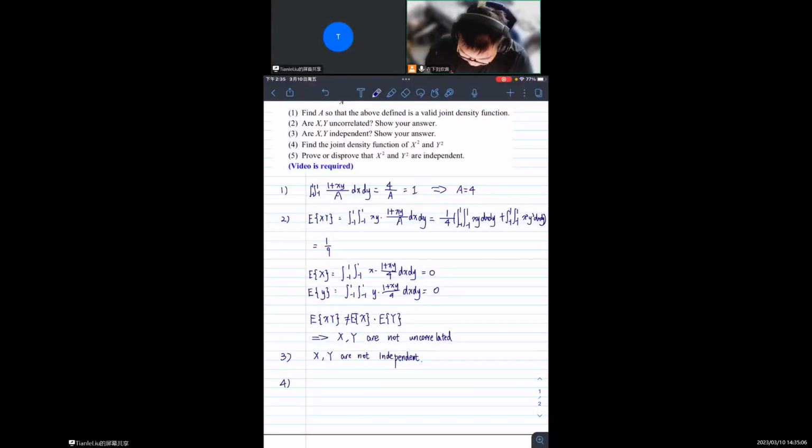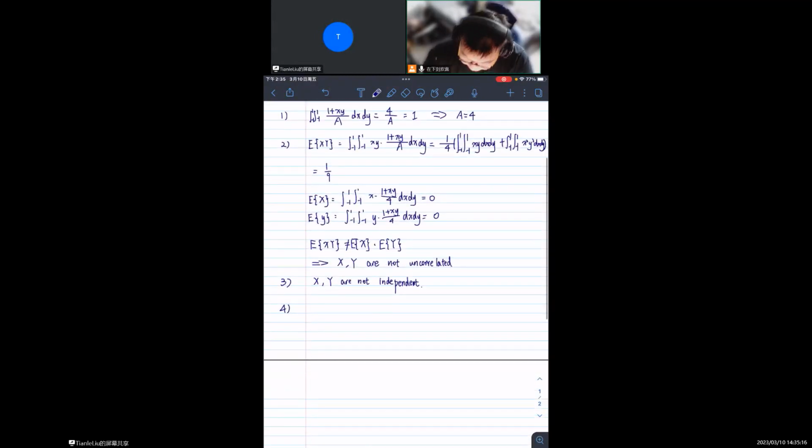For question 4, we need to find the joint density function of X squared and Y squared.